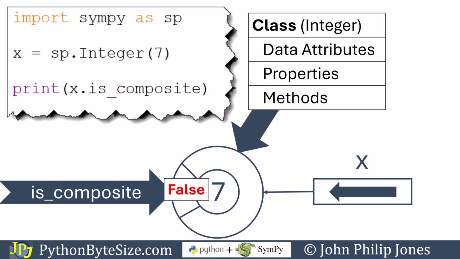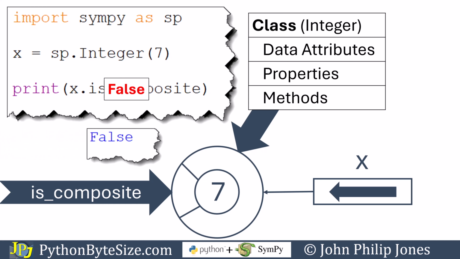And in fact, it is false because 7 is not composite, it is prime. So this false will now come to this position where we will print it out. And the runtime for this computer program is coming into view now. And you can see it says it is false.